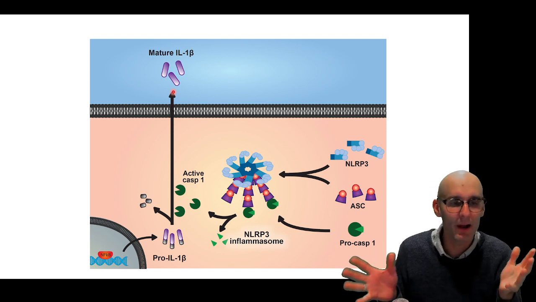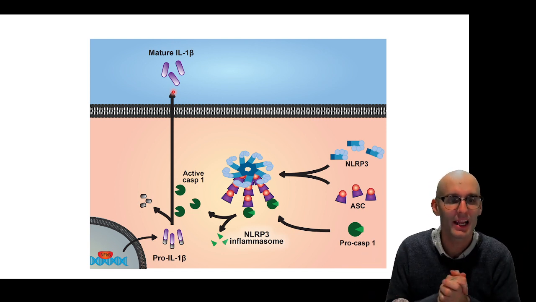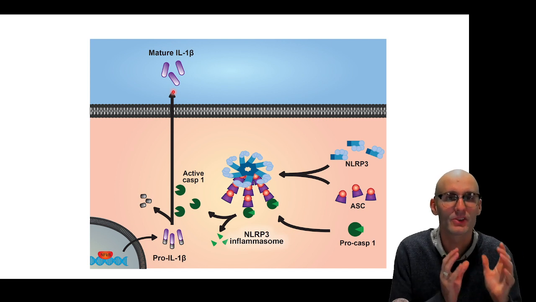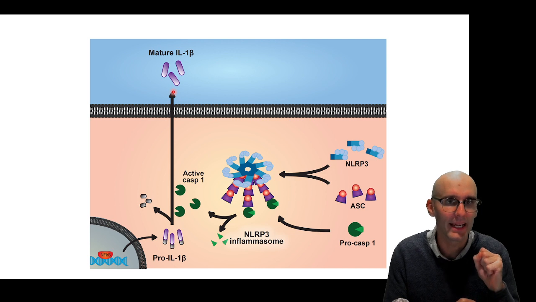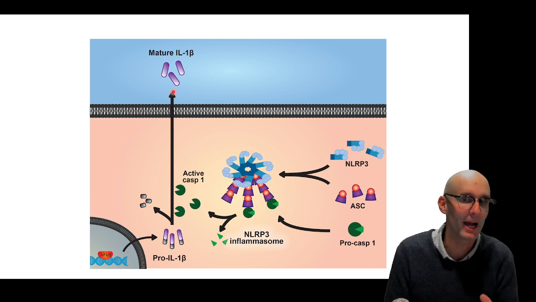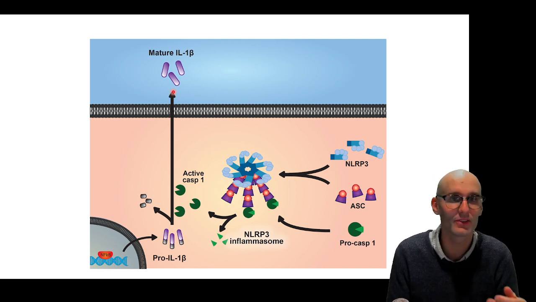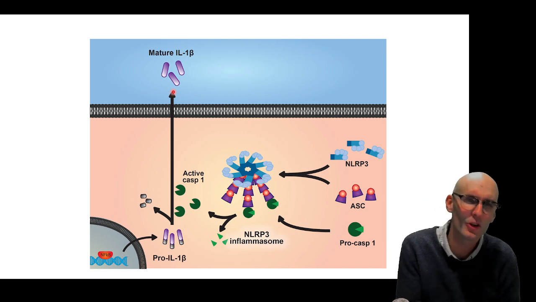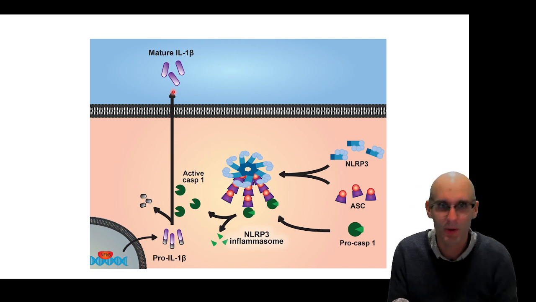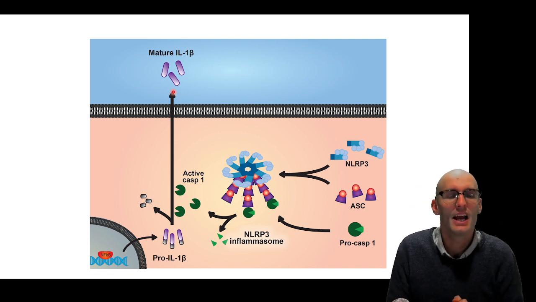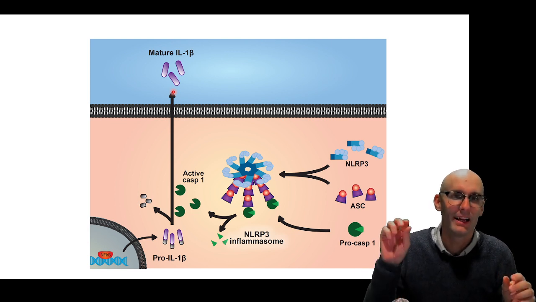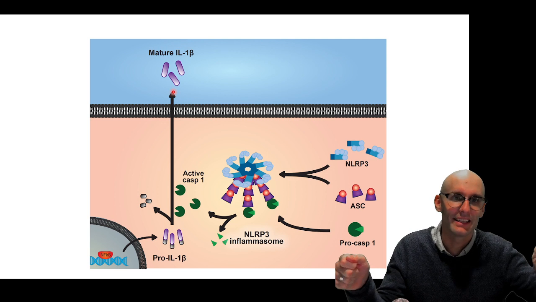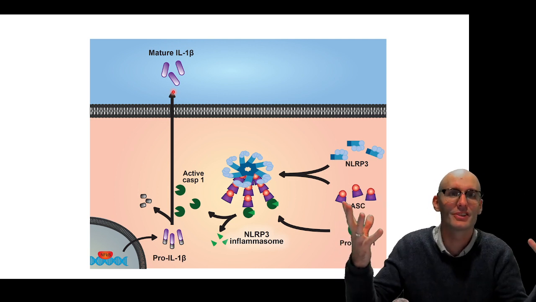And you might ask, why have this 2-stage thing? Well, interleukin-1 beta is one of the most inflammatory cytokines in your body. If I inject it into you, you will immediately get a temperature. If I inject too much, you'll probably die from leaky blood vessels, from too much of an immune response, too many activated neutrophils, drop in blood pressure, all that jazz, right? So it's kind of a nuclear bomb. And like a nuclear bomb, it's good to have 2 keys that need to be turned in order to launch the nuclear bomb.